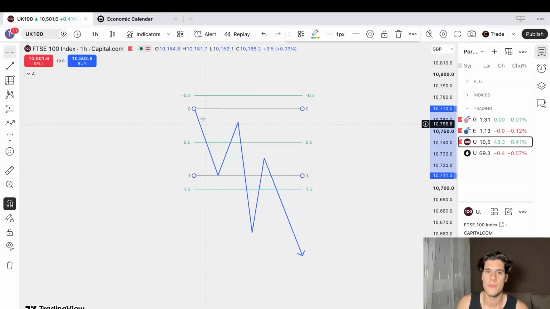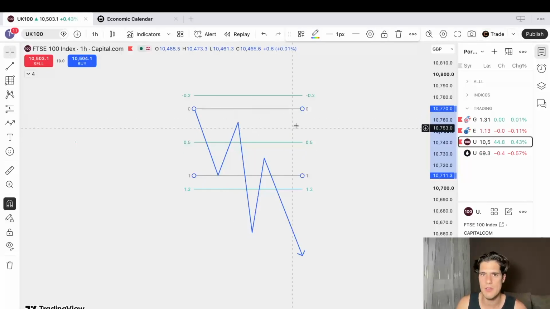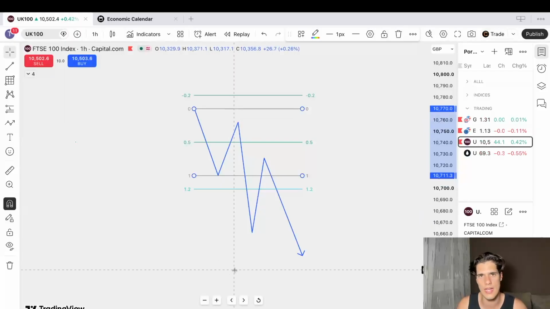So the price is right now in the premium zone and coming to the discounted zone when we're talking about a bullish trend. But right now we are in a bearish trend, so the price is coming back into the discounted zone and breaking the structure to the downside.